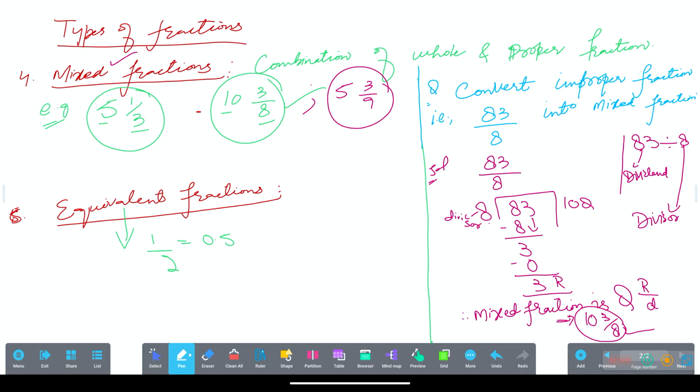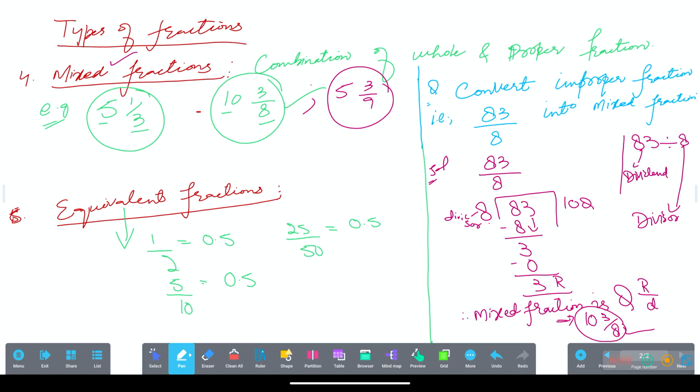Then one more example, I will take 5 by 10. Its value, when you check, will again be 0.5. Then one more, I will take 25 by 50. Its value will again be equal to 0.5.